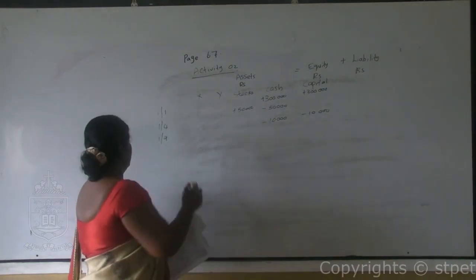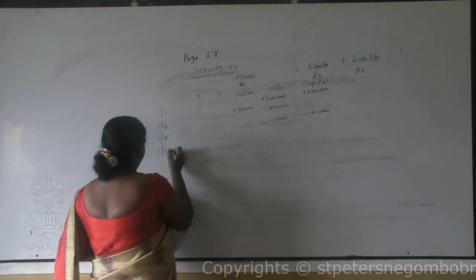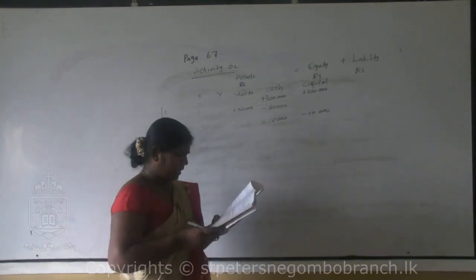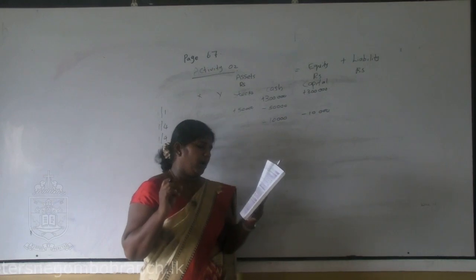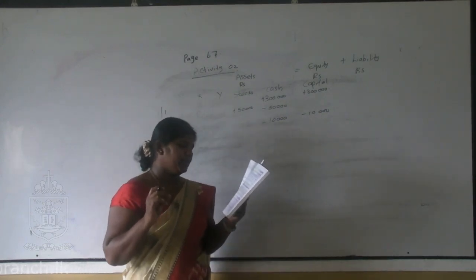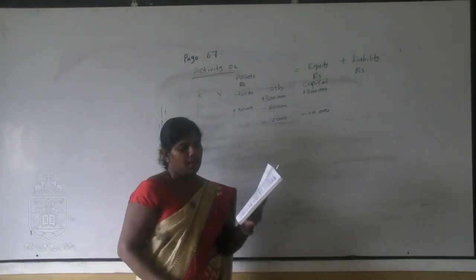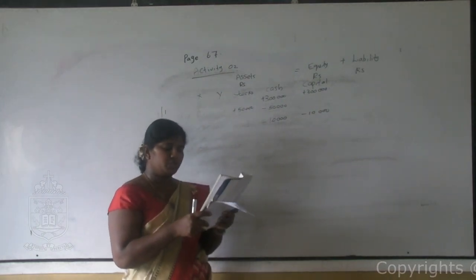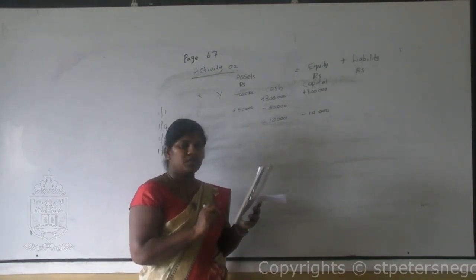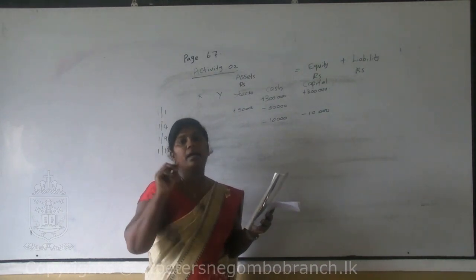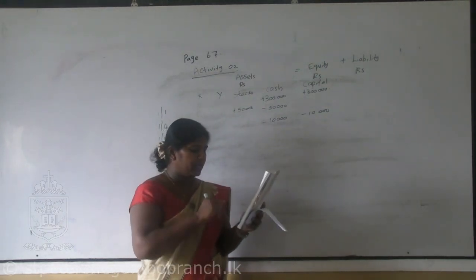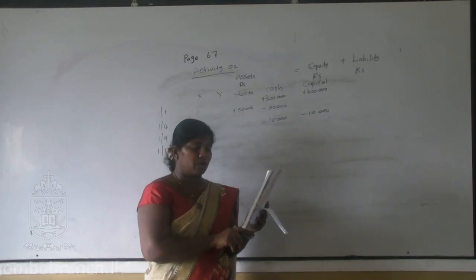Next one, 13th of January. Here: sold goods which cost 40,000 rupees at 60,000 rupees. But children, here you should change this question. There is a small mistake. You should change it to on credit basis because later on you can get the transaction about the debtors.